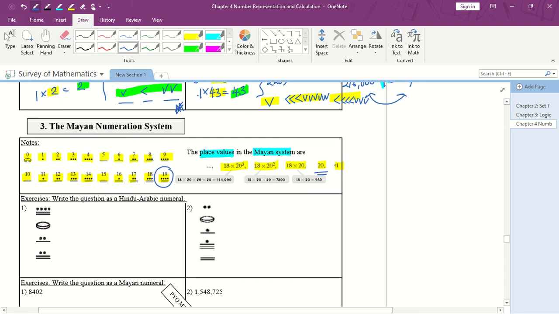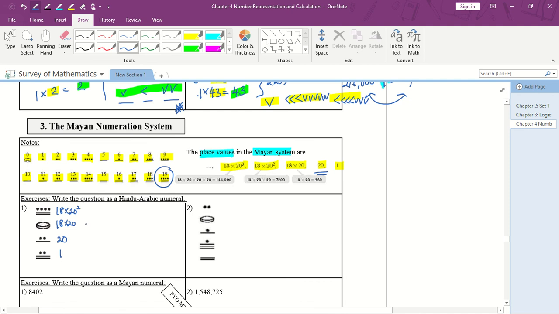We know that it is 1, 20, 18 times 20, 18 times 20 squared, 18 times 20 cubed, and of course the rest will be 18 times 20 to the power of 4, and it continues. So always start the 1 at the bottom, 20 here, 18 times 20 will be here, and here will be 18 times 20 squared.